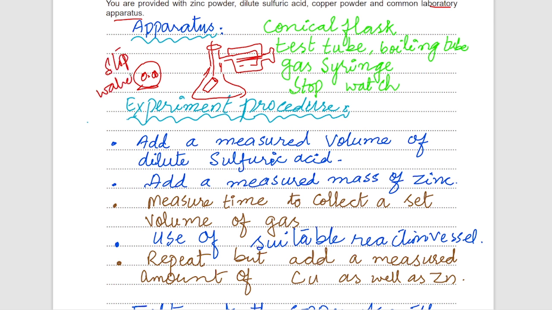Without labeling, this one is the gas syringe, the test tube, and this one is the conical flask. So use bullet points to answer this question.